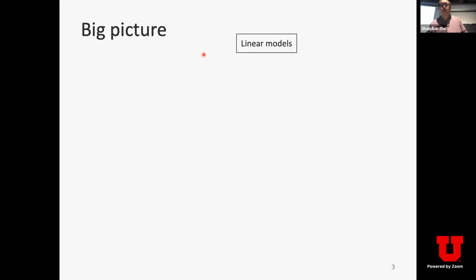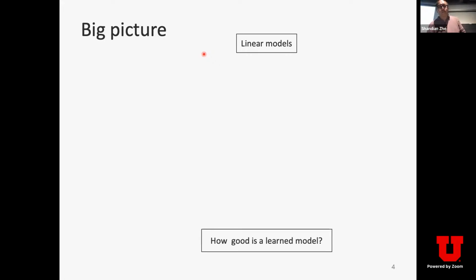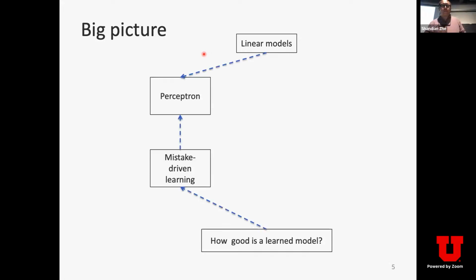Depending on how we evaluate whether a linear model is good or not, we introduced the so-called mistake-driven learning, meaning that if you make a mistake in predicting some examples, you update the model parameters to correct the mistake. One typical example is the perceptron, which you have just looked at.